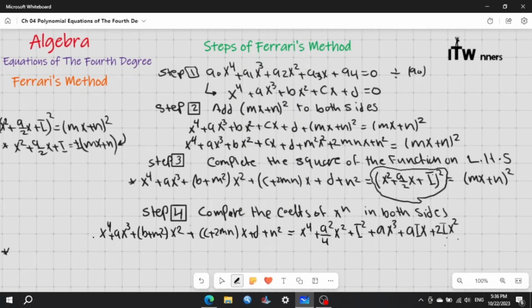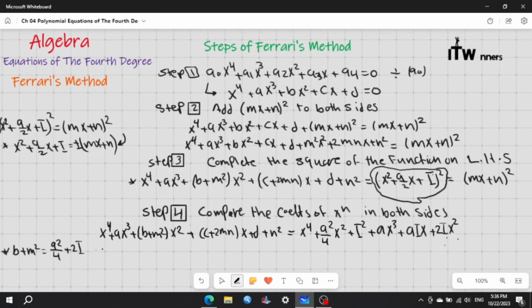Okay, here we have the coefficient of x cubed, a, on both sides. So we will compare x squared: b plus m squared equal to a squared by 4 plus 2i.